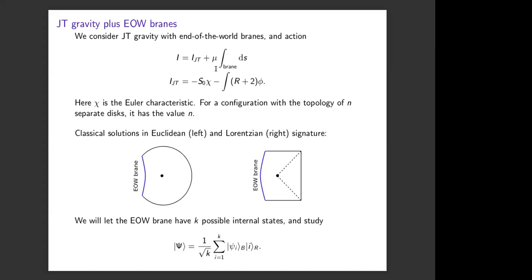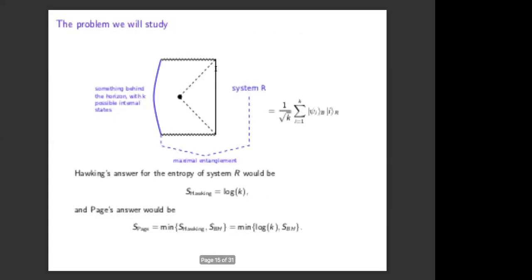Can I ask a question, Douglas? I was a little bit confused about, can you go to the previous slide, please? Yes. If we are to understand these microstates as the Kourkoulou-Maldacena states, I would imagine that those states are actually living on the right boundary. So this is something which you have introduced to get a certain type of geometry, but I don't understand why this system on the left-hand side has k internal states.